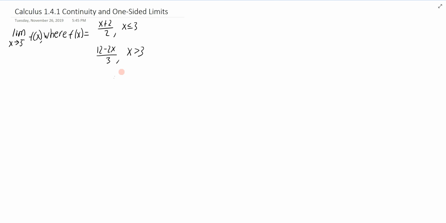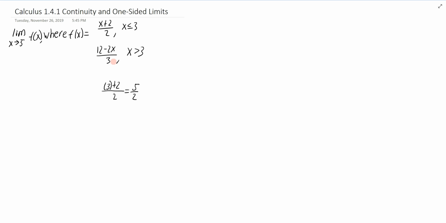For the first part, we're going to say 3 in parentheses plus 2. We're just going to do direct substitution, replacing this x with 3, and then it's over 2. So this is going to result in 5 over 2. Now let's test out the second part of our piecewise.